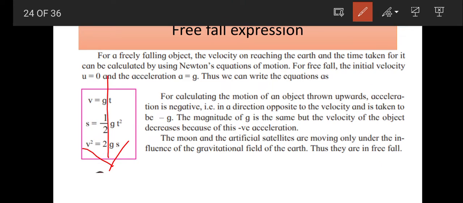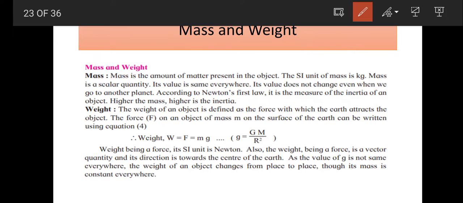Okay, so I hope you understood all these concepts that today I conducted through this PPT. The free fall, then the difference between mass and weight. In the exam they will ask the question, distinguish between mass and weight. You have to just write from these two paragraphs.